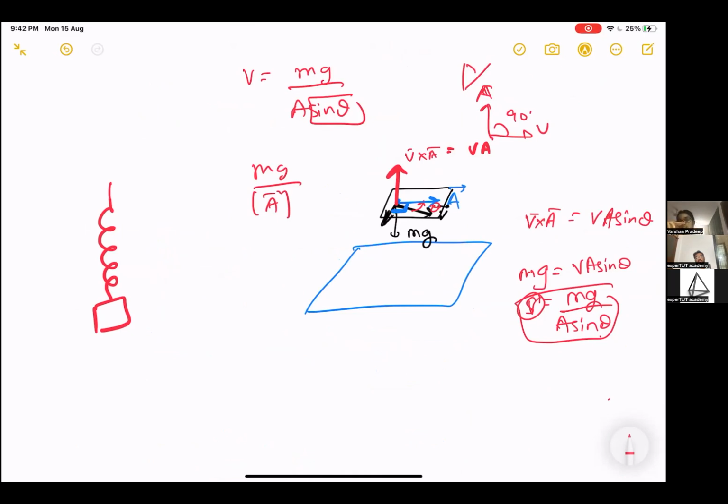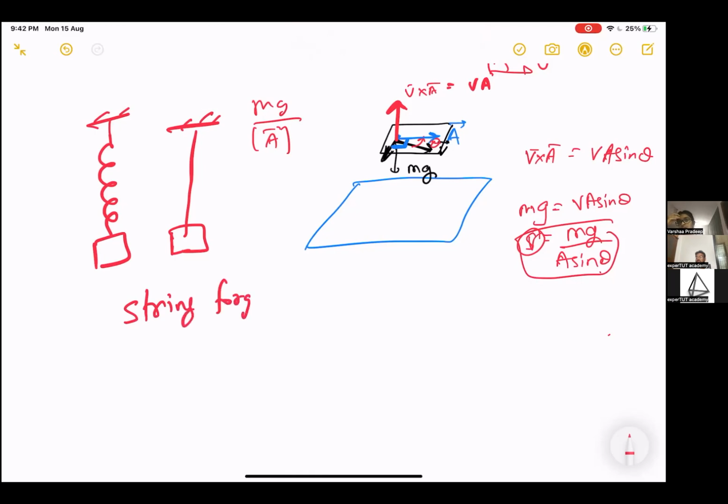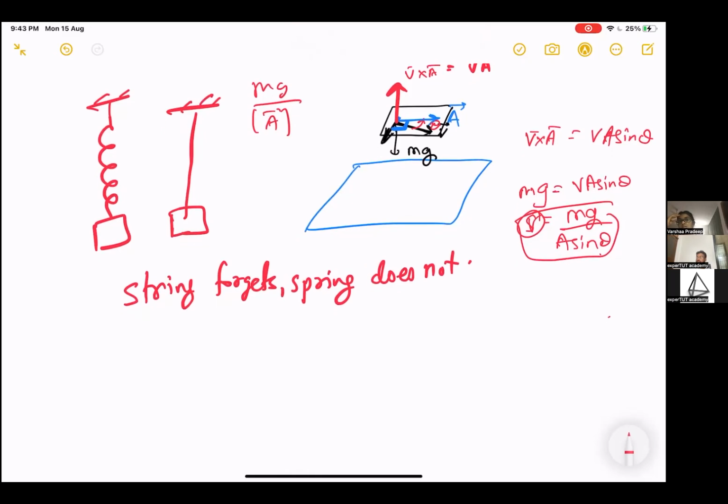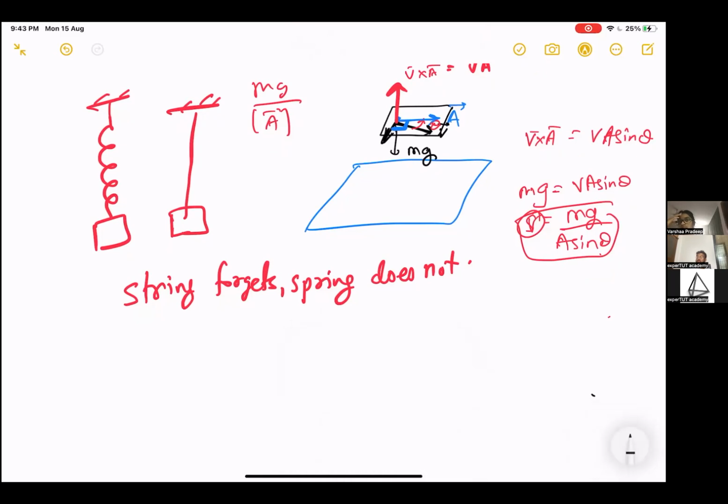When it's cut, the tension is gone, but the downward force acting is the same. And what happens when the string is cut? Same thing, very simple. String forgets. Spring doesn't. The force in the spring is still there.